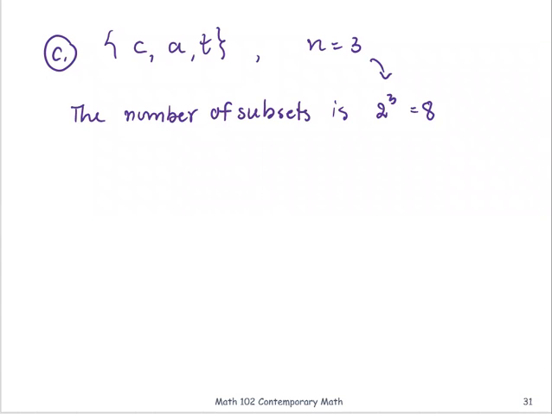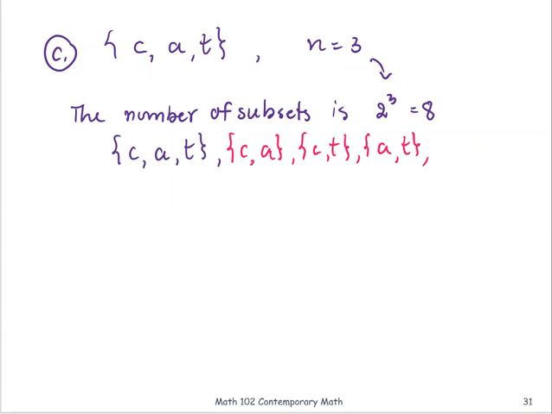And when we make a list, we start with the set itself, which is the set containing C, A, and T. And then the next group is the group that contains only 2 members, starting with C and A, C and T, A and T. Next, we list the sets containing 1 member: the set of C, the set of A, and the set of T. The last one is the set containing no member, which is the empty set itself.